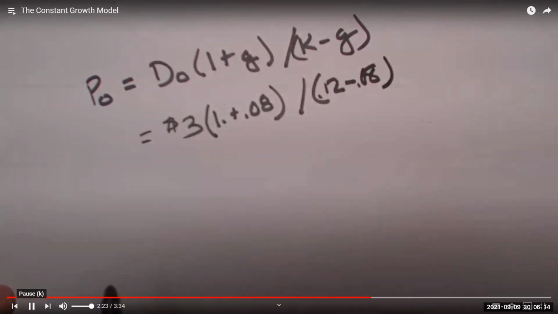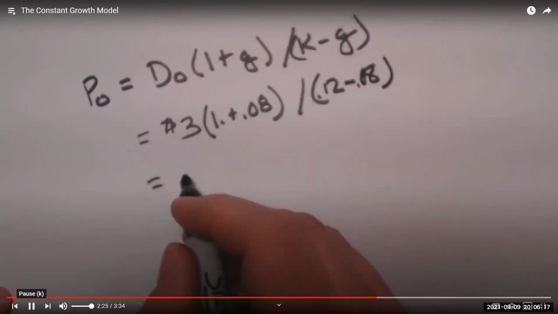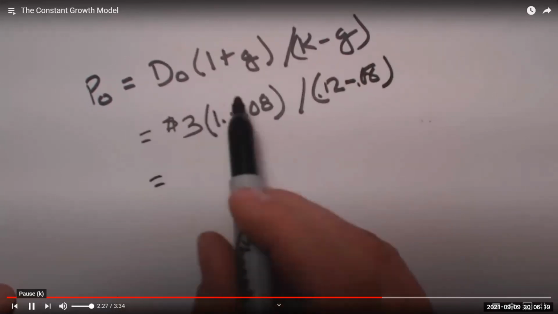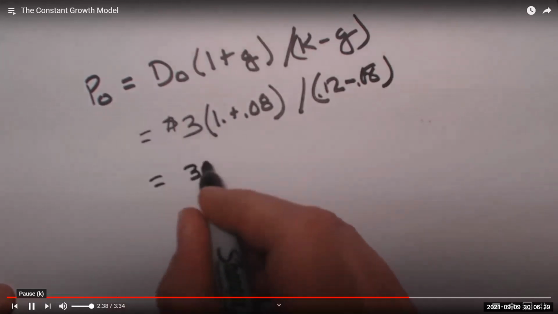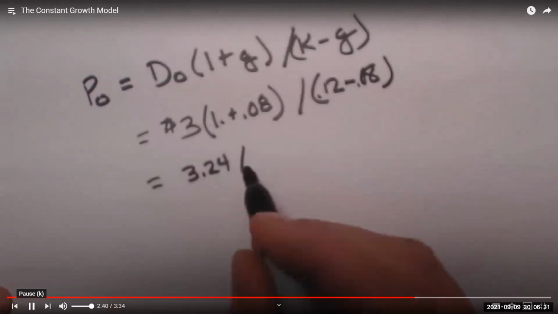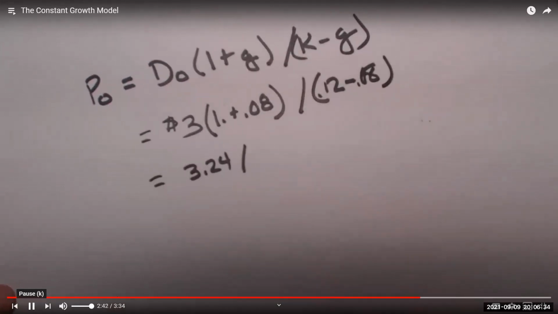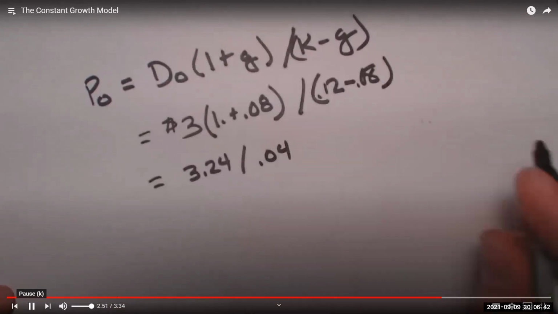So that's how it's going to look. So then what we are going to do is multiply 3 times 1.08, and that will equal $3.24 divided by 0.12 minus 0.08, which would equal 0.04.